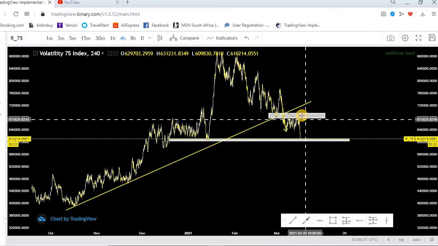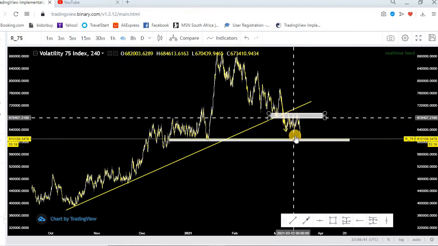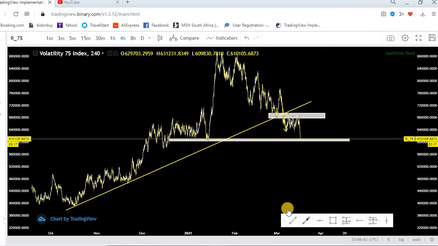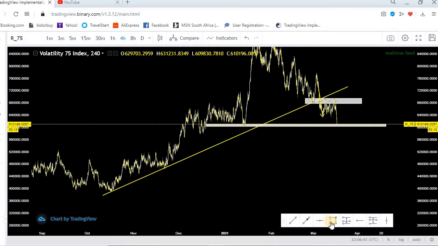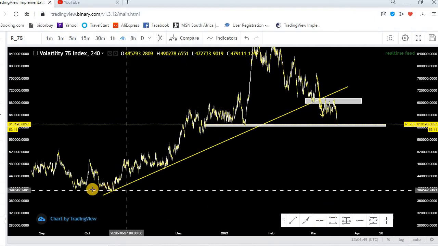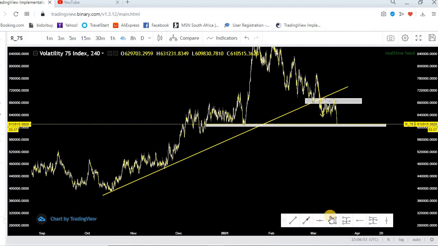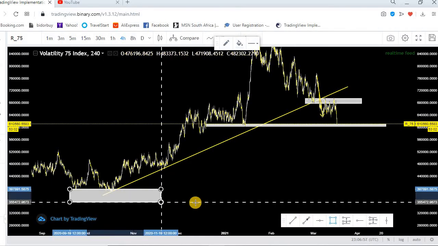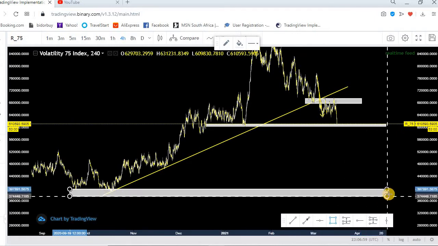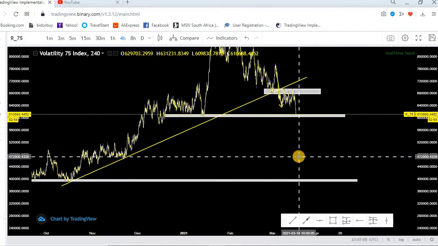We initially broke down this trend line here. So now we are currently waiting for confirmation, to see where price takes us. And here we can see that we have another level of support there.